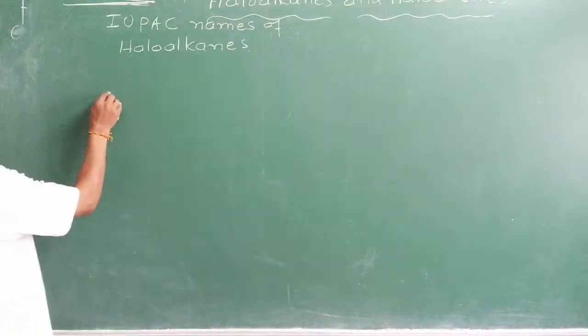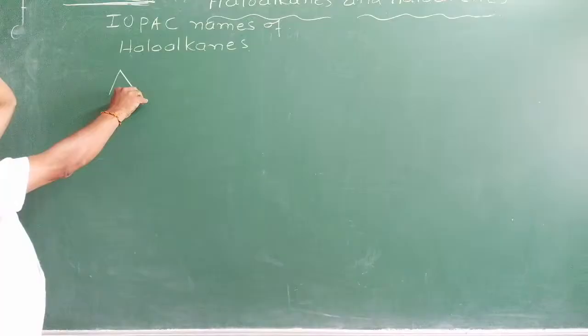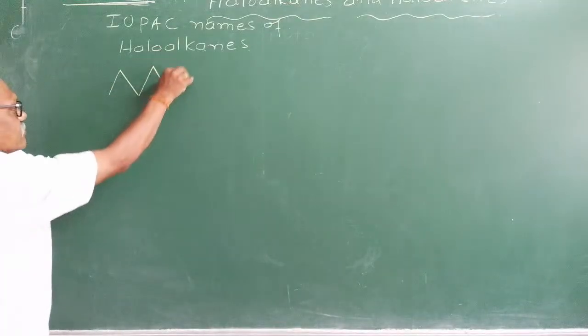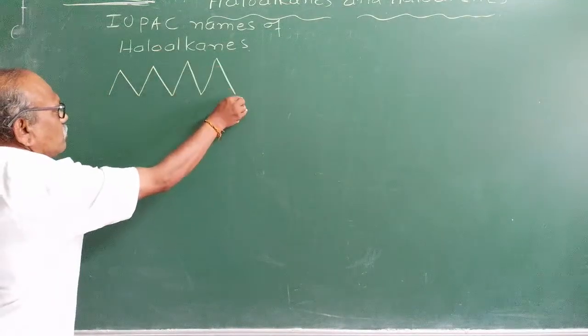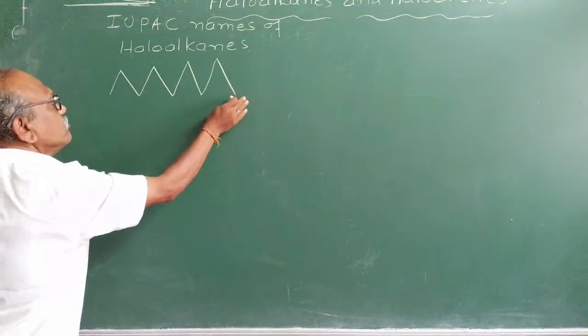Generally, I told you that if the bond line is like this, the hydrocarbon part will be written with the bond lines here. If I write like this, can you now tell me what is the name of this compound?